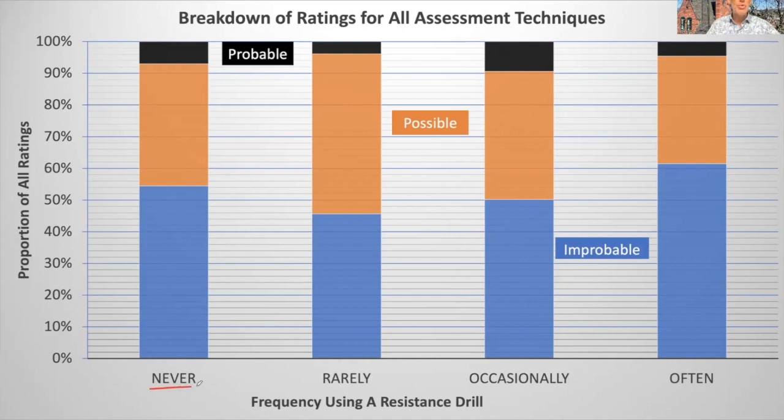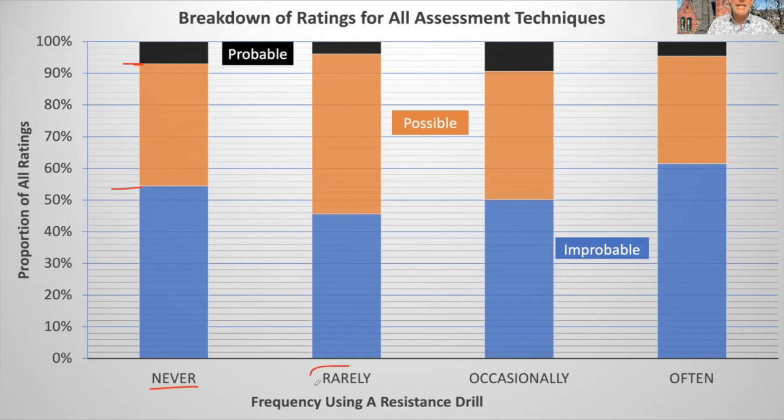Of the people who never used the resistance drill, now remember, that's only 2 people, they have a certain amount of probable. It looks like maybe 7% of their ratings were probable, and 55 or so percent were improbable.